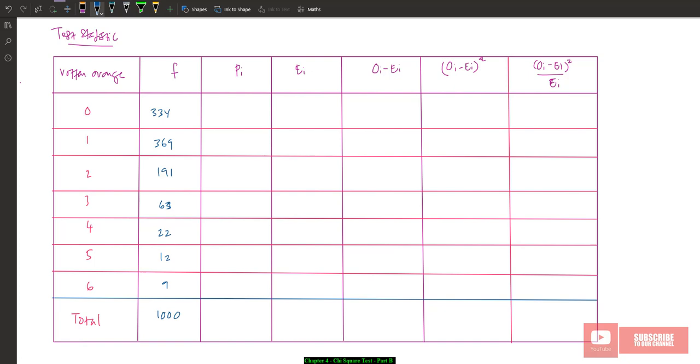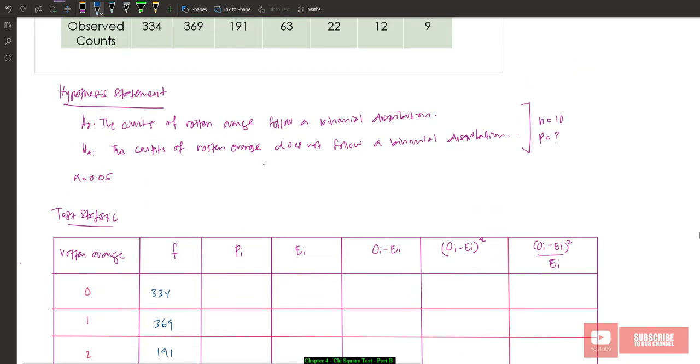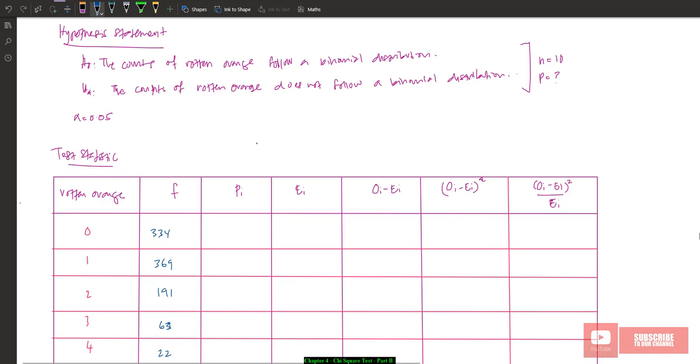So next step: since we are measuring whether the counts of rotten oranges follow a binomial distribution, the probability of a binomial distribution is n choose x, probability of success to the power of x, and 1 minus p to the power of n minus x, right? Each bag contains 10 oranges, so we're going to measure for individual bags.